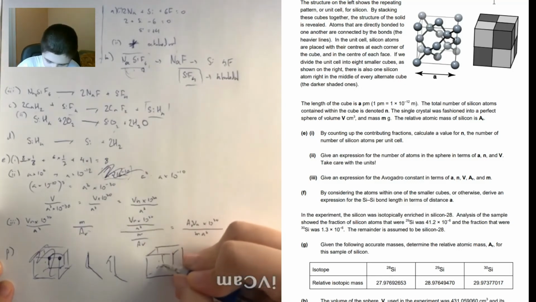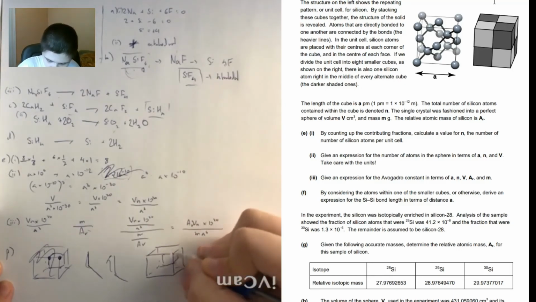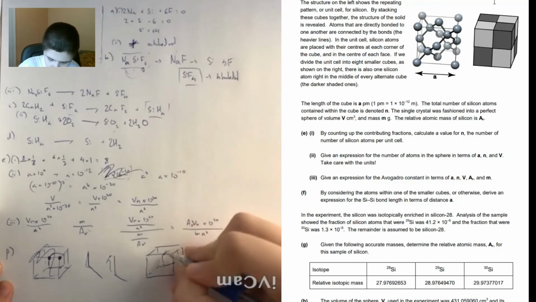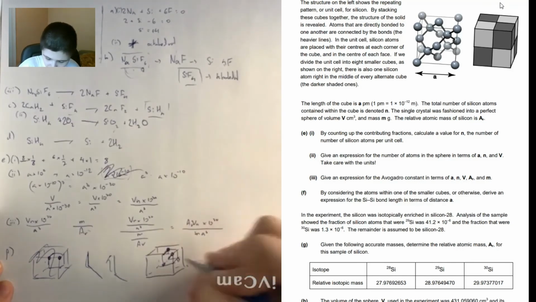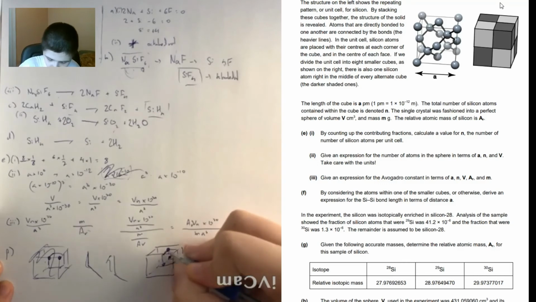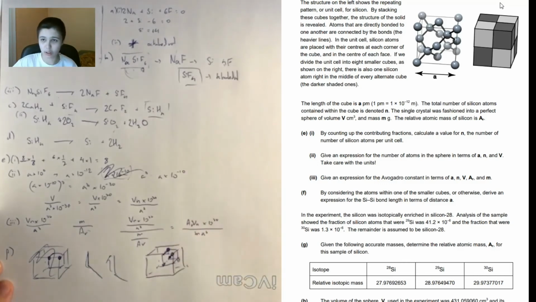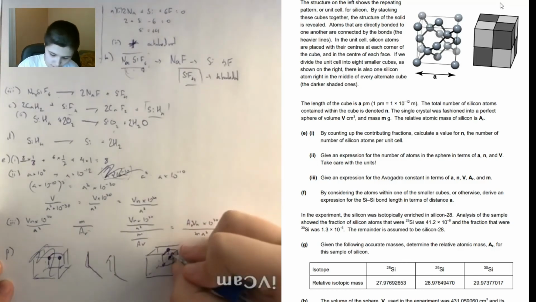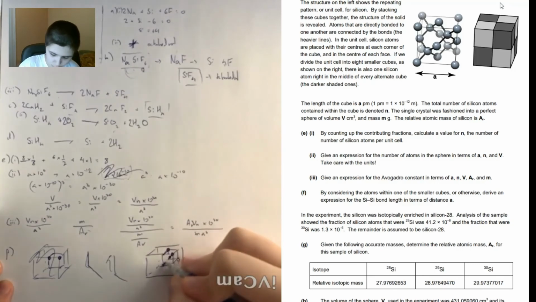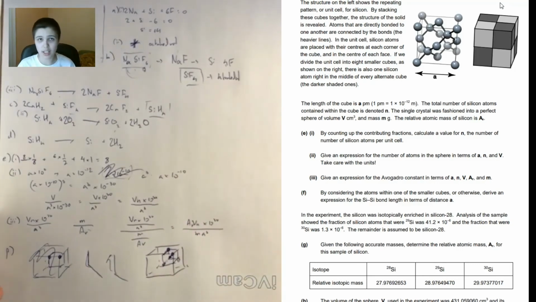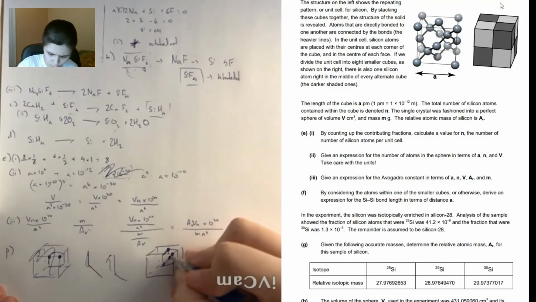Just redraw the larger cube and then draw in the smaller cube. So the smaller cube is here, half of each side length, and it has an atom here, here, here, here, and drawing in the back side. One atom exactly on half of the diagonal of the small cube, and it's bonded to all 3. So the length of the bond is going to be half the length of the diagonal of the small cube.